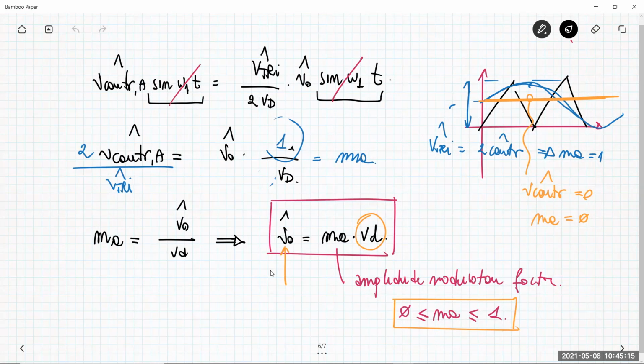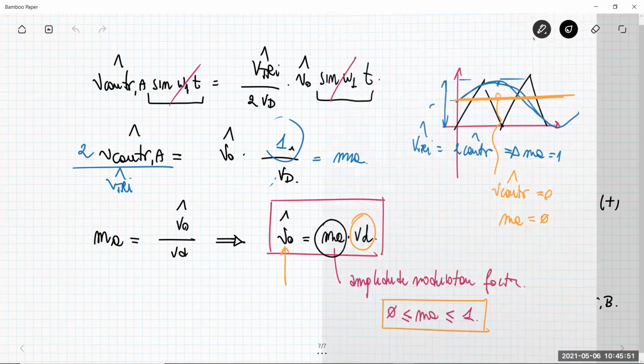If you want to change the amplitude of your output fundamental component, you have to change the amplitude of the control voltage through the amplitude modulation part. This is the means by which I can modulate output voltage amplitude and frequency: from a fixed DC quantity VD, it makes possible to generate an AC waveform which is totally controllable in amplitude and in frequency.